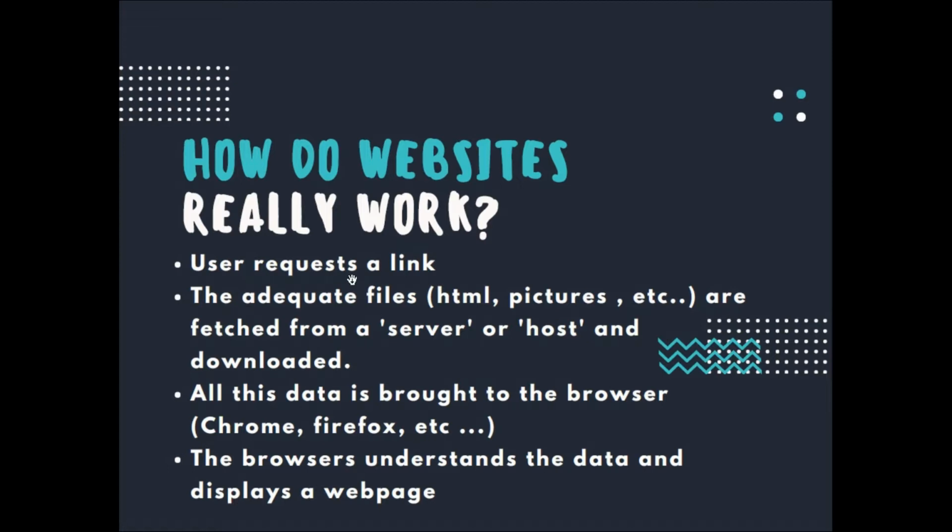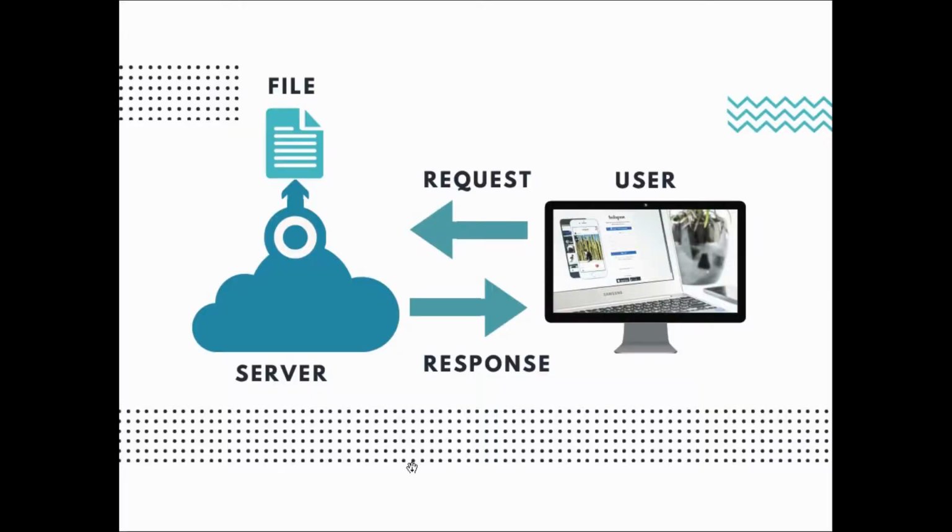So we request a link. The link goes to a certain server, and the server will send the adequate files, which are HTML, pictures, and others. And all this data is brought to the browser, which is Chrome or Firefox, which understands the HTML language and the data that is being sent by the server to the user. And the browser will take care of displaying a web page for the user. And this is a small picture that shows us what really happens.